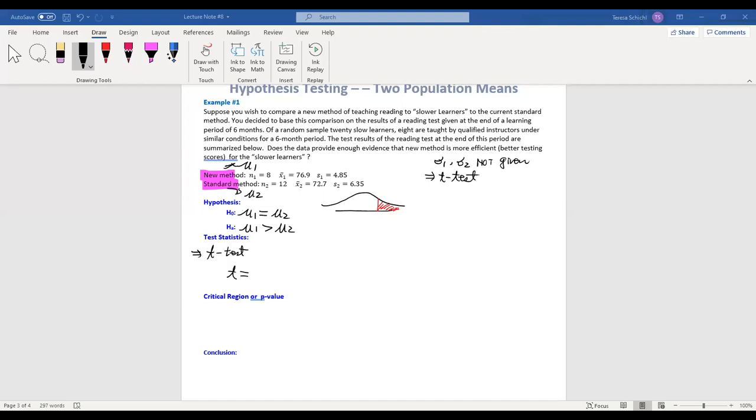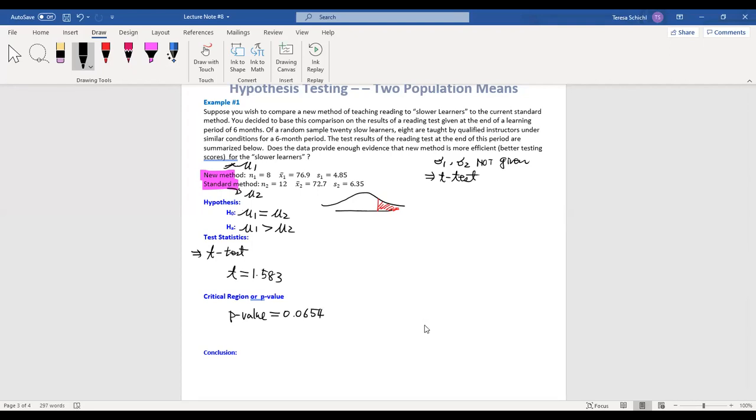So now let's go back to our lecture notes. So what do we find here? The t value is 1.583. Since they give us the p value, the p value is equal to 0.0654.